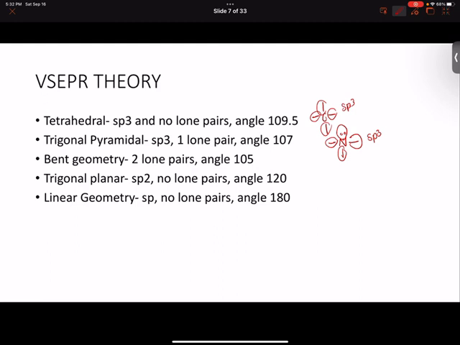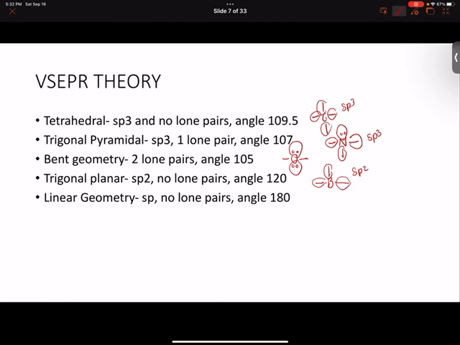Then we have bent geometry. It's normally represented like this. And as you can see, it has 2 lone pairs. And trigonal planar. This one can be represented, I think, in this one down here. Trigonal planar is normally sp2. So you have 1, 2, 3.